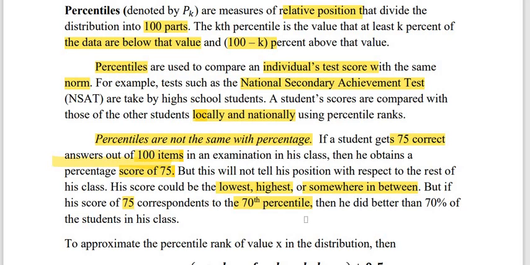Then, ibig sabihin nun, he did better than 70% of the students in his class. So, mapapansin ninyo, ang percentage, it matters between your score and your exam. But percentile, it matters between your score with other scores. Did we get it?